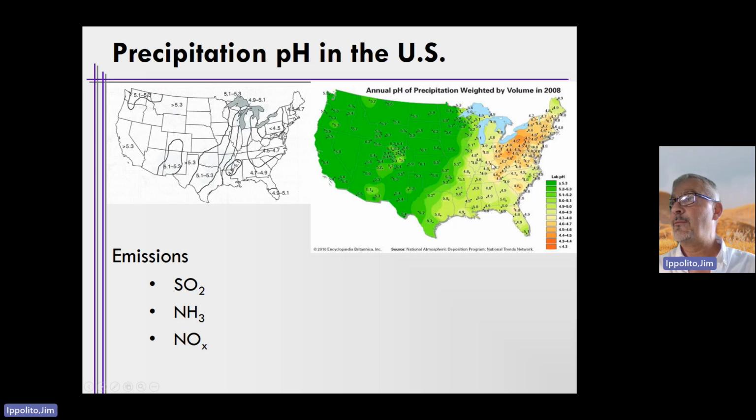In fact, if you look at some of these areas, like where we are here in Ohio, pH values are 4.4 to 4.7. In the Western US, sometimes you have 6.2s, closer to 6, 5.8. And some of this is driven, especially the lower pH values in the atmosphere, by emissions. So sulfur dioxide emissions, ammonia emissions, nitrous oxide emissions.